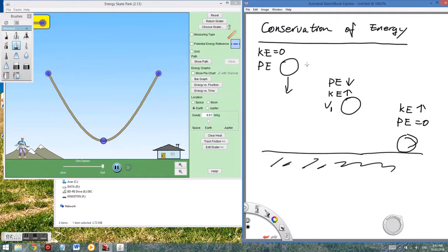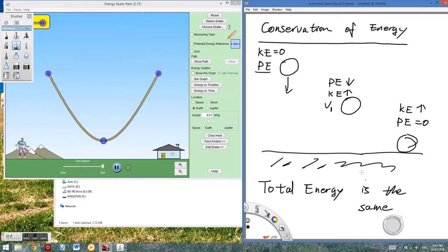The potential energy has been converted to kinetic energy as it moved faster and faster. This is an example of the conservation of energy. It means the total energy is always the same.